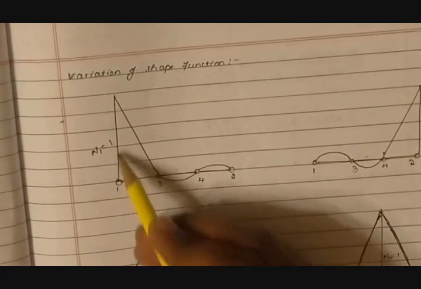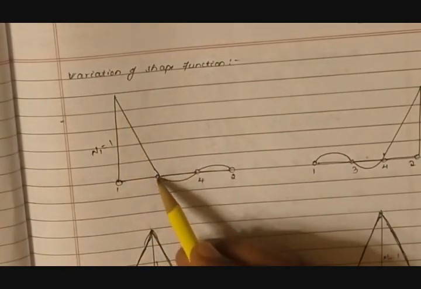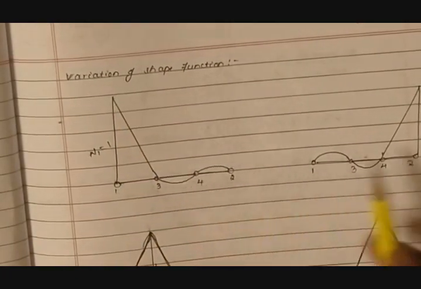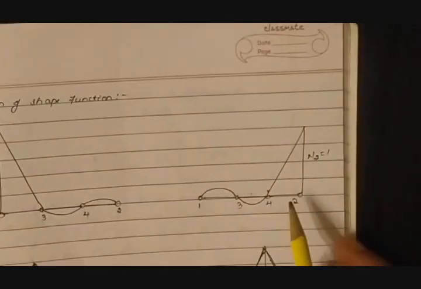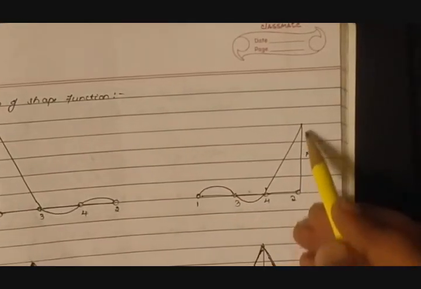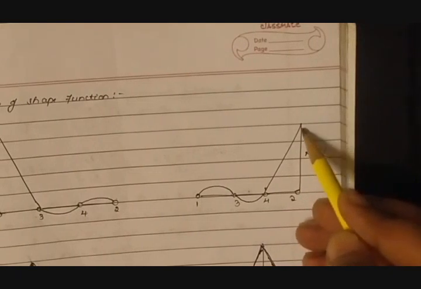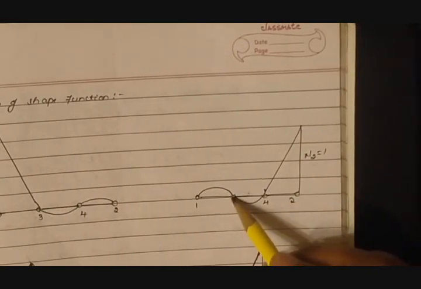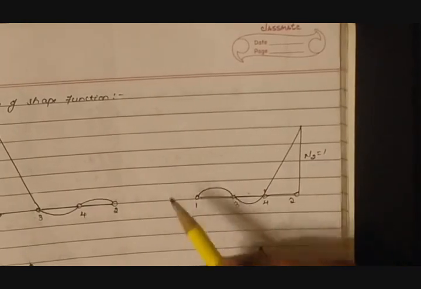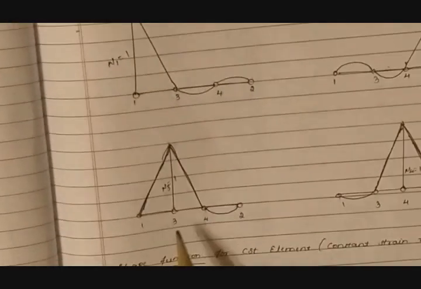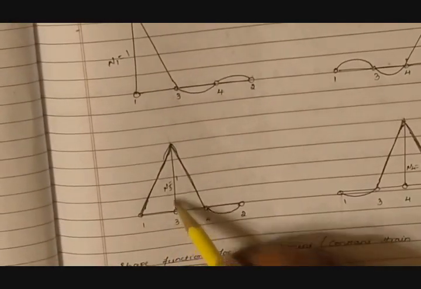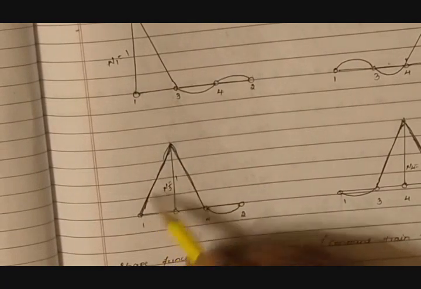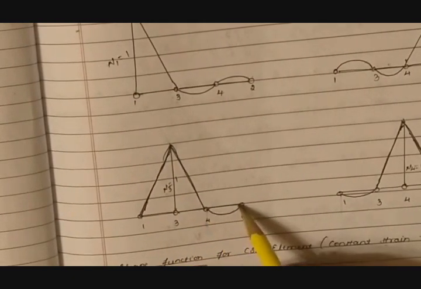So that's what is written here at node 1. When you're writing for node 1, at that particular node it is maximum, and at all the other nodes it is 0. Similarly, when you're writing for node 2, at that particular node it is maximum, that is N2 equals 1, and at the other nodes it is 0. Just draw a smooth curve. Similarly, for node 3, at that node it is 1, and at all the other nodes it is 0.